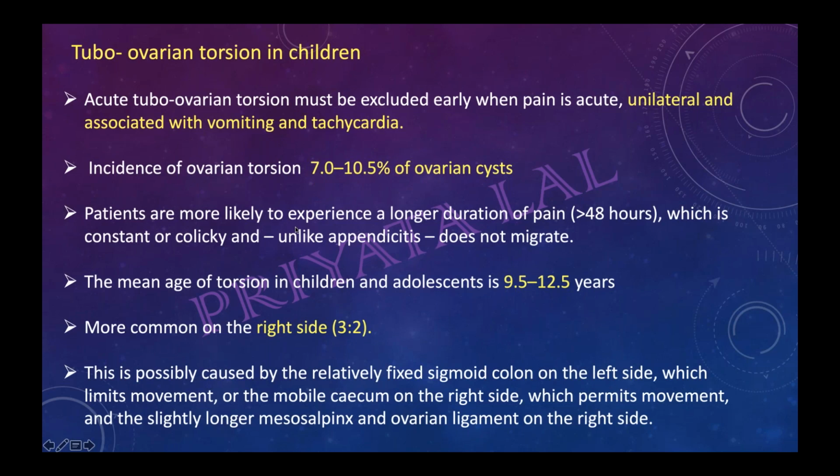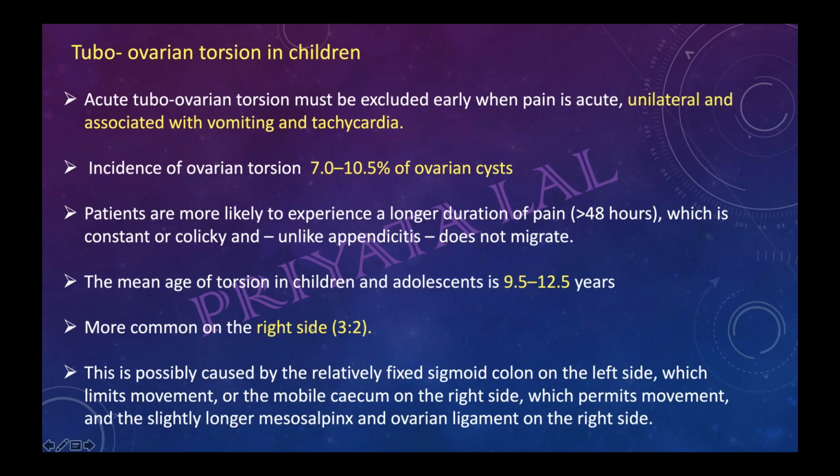Apart from this, it is unlike appendicitis. In appendicitis usually migration of pain is there, but this pain doesn't migrate, it is constant at the same unilateral place only. And you can get a question from here.